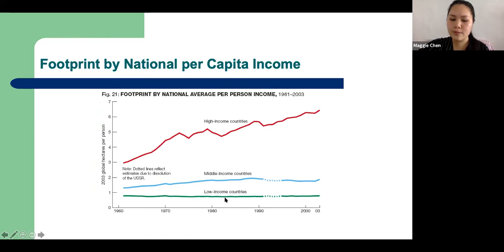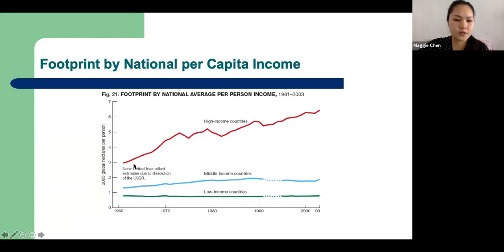We can see that it's generally pretty stable. It doesn't really change over time. It's still generally pretty flat. So the amount of resources that they use in low-income countries doesn't really increase all that much. For middle-income countries, the ecological footprint does increase a little bit at some points and drops at some points, but it's also pretty steady and doesn't change all that much.